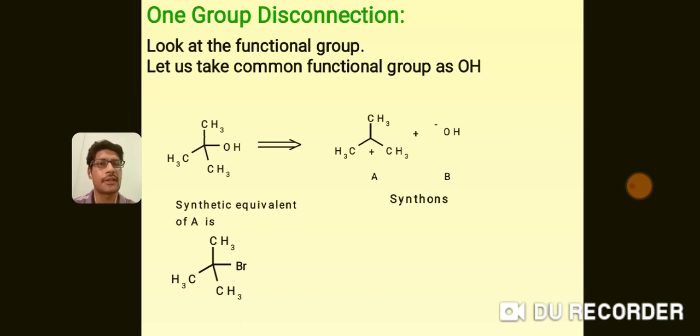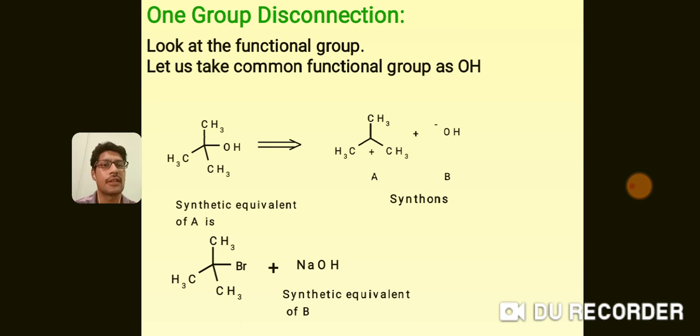It is a very simple technique: when the carbocation, that is synthon A, has a positive charge, we have to take a negatively charged species, that is Br minus, which is joined to the positively charged carbon. The other one is NaOH, because OH is minus, so Na plus would be there.